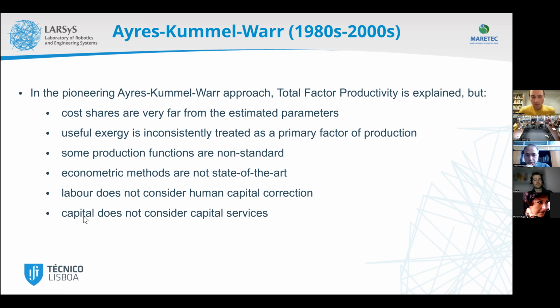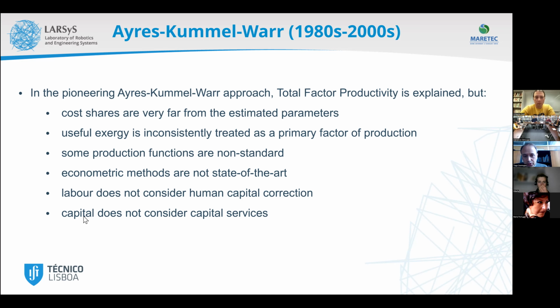Third point, let me just stress in the second point: it is only when Ayres, Kummel, and Warr used energy at the useful stage that they were successful in explaining total factor productivity. So if you use energy at the primary stage, so theoretically coal under the ground, you are not capable of explaining total factor productivity.